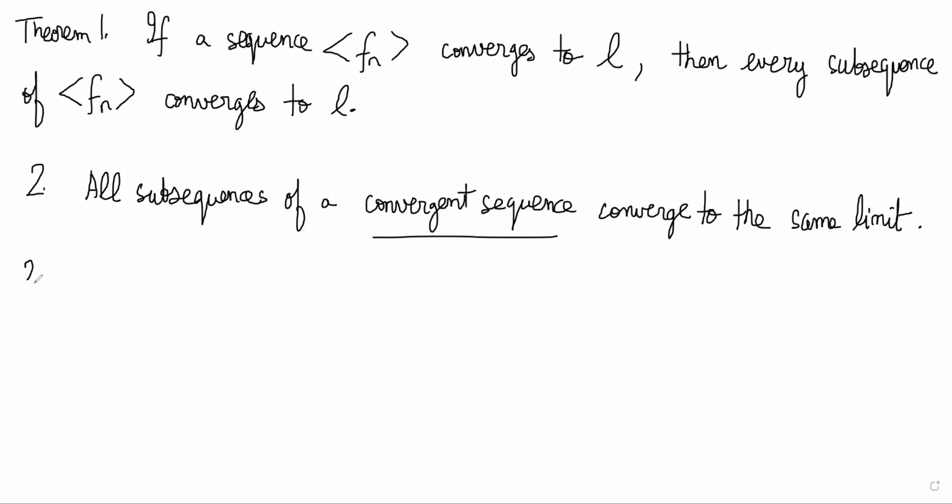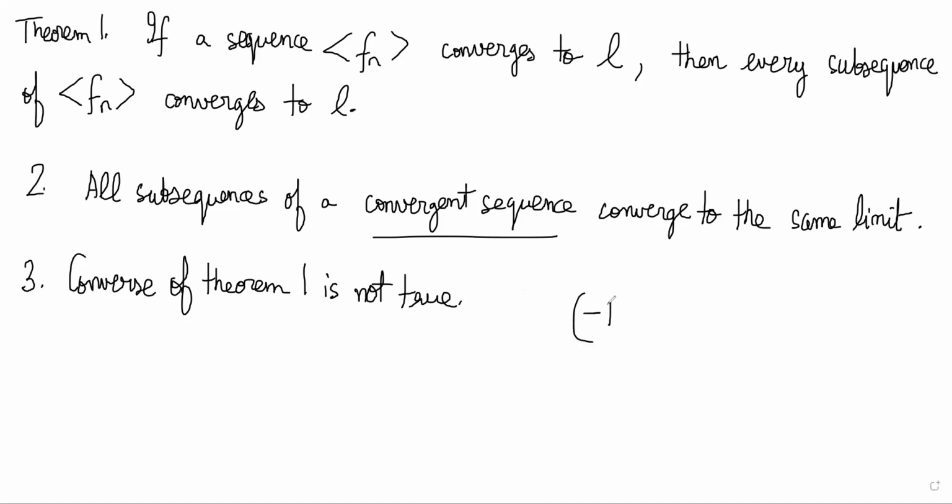Now, the converse of theorem 1 is not true. What does that mean? It means that if the subsequences are convergent, that doesn't mean that the sequence is convergent. So for example, let's say our sequence was -1 to the power n. The sequence will have terms like -1, 1, -1, 1.